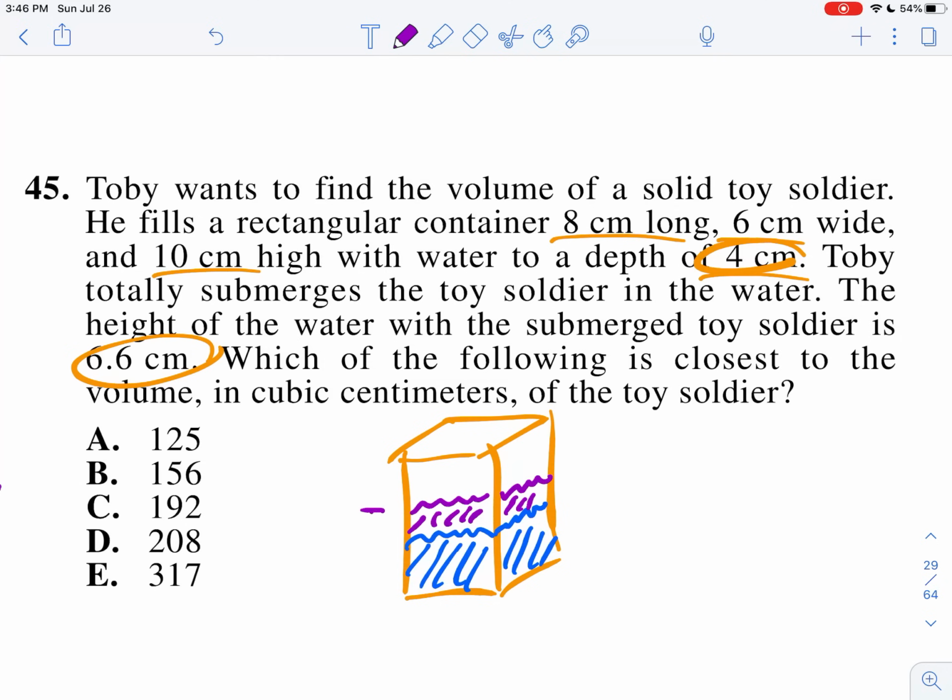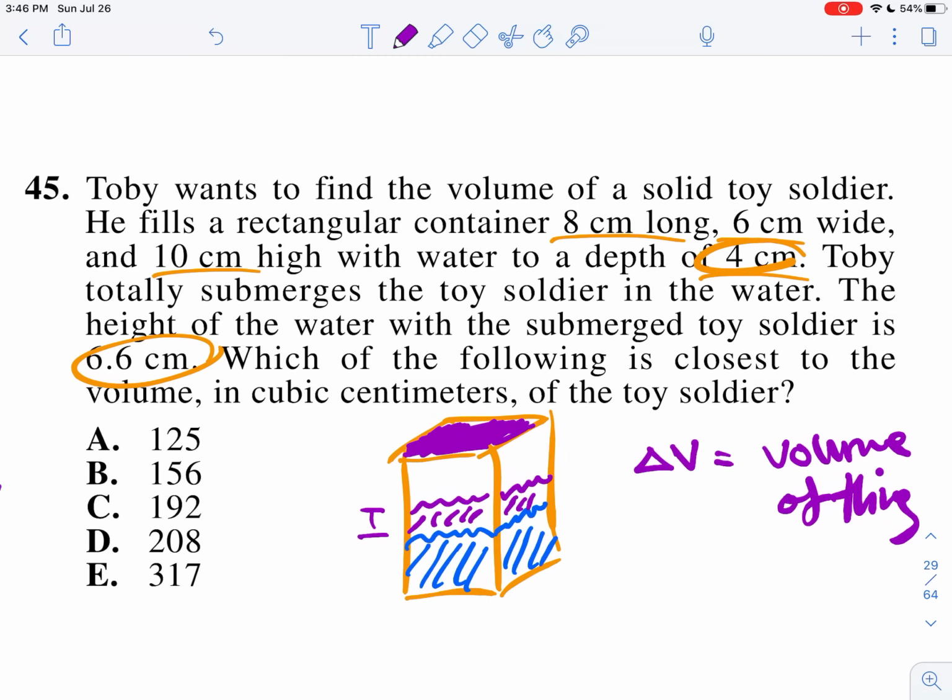So this difference in height times the area, which is this area here, is going to give you the volume of the object, because the change in volume is just equal to the volume of the thing that was put in. If you change the volume, that's the volume of the thing that you put in.